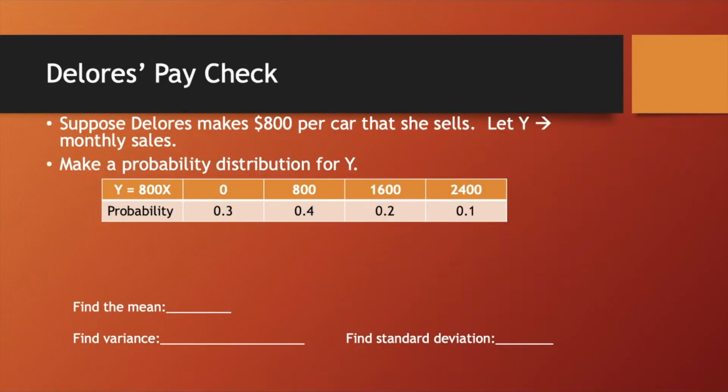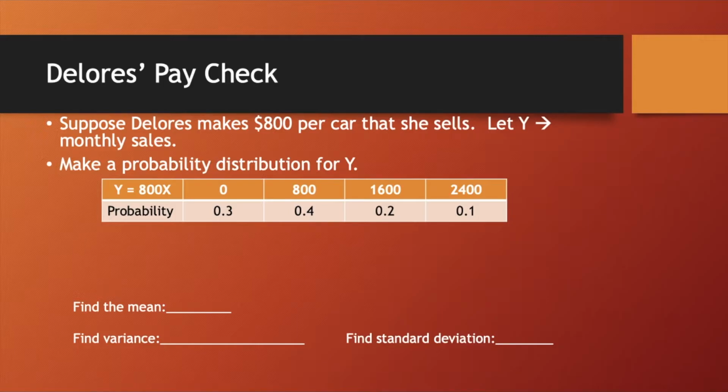Okay, here's a new situation. This time we're looking at Dolores's paycheck. Suppose Dolores makes $800 for every car that she sells. Now we have a new distribution, call it y, based upon how many cars she sells. The relationship between y and x is 800 times x.